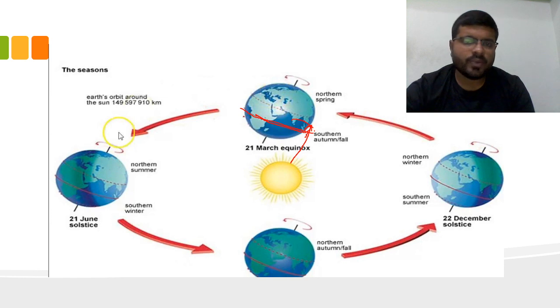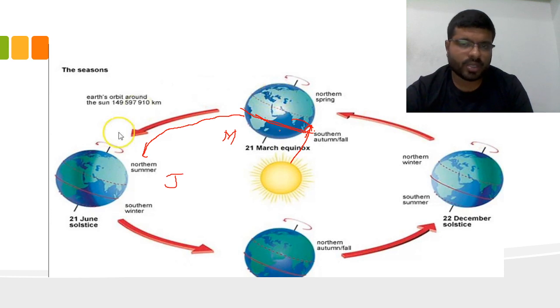Then as the revolution continues, what happens? By the time you come to June, that is from March to June, the vertical rays of the sun are moving from the equator towards the northern hemisphere, to the point of 23.5 degrees north.